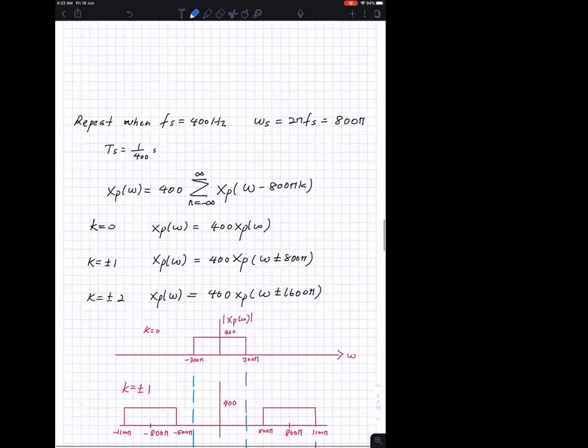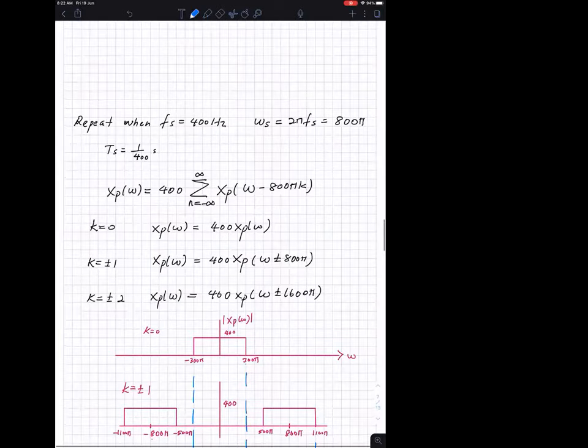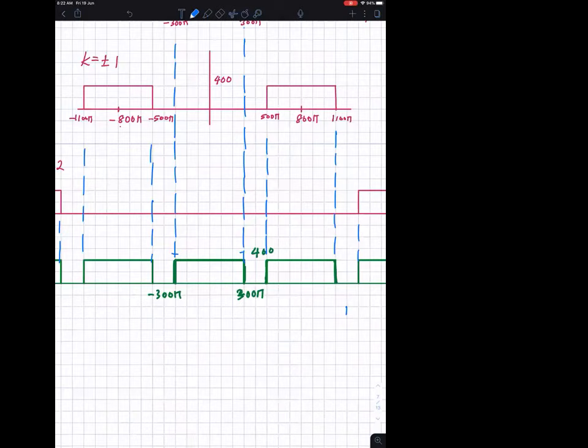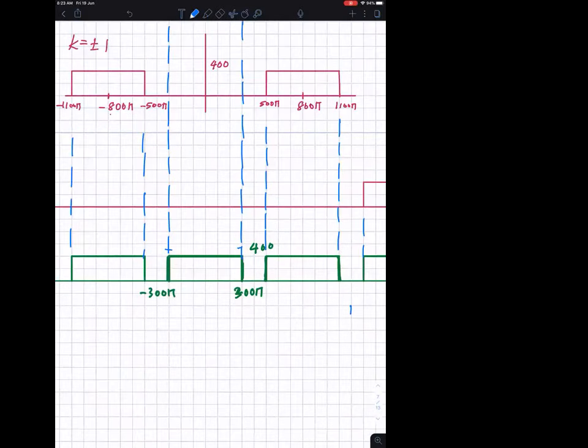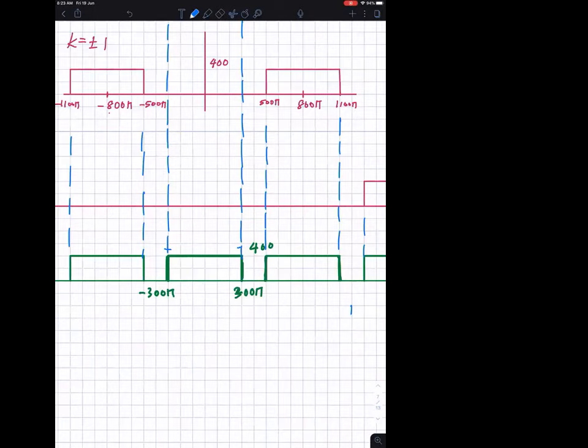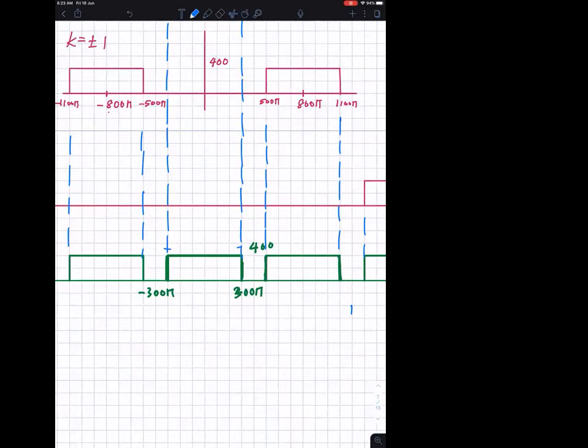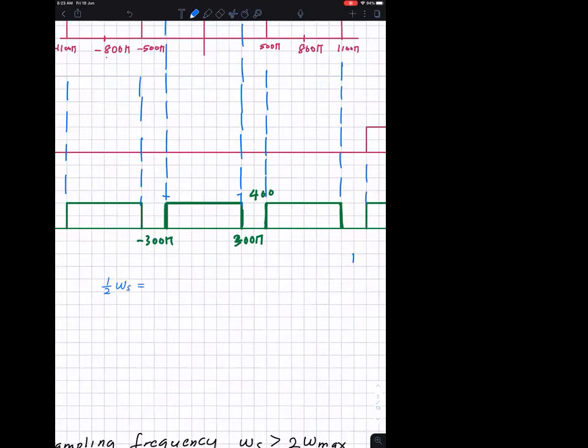So when your sampling frequency is 800 pi, now you apply a filter here, same filter, same gain, with cutoff at 1/2 the sampling frequency, which is 400 pi. So the filter is going to be somewhere around here.